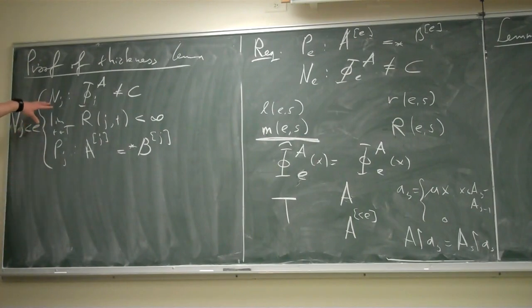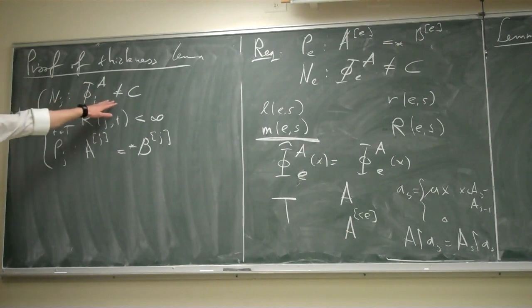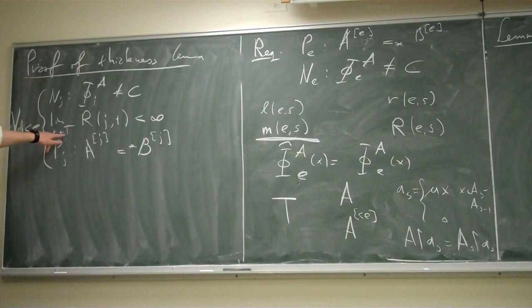We assume that the higher priority N_j have succeeded. We assume that the limit over the true stages of these restraint functions is finite, which says nothing about the limit over all stages, because between the true stages it can jump a lot, but those are fake computations that get ruined at the next true stage.